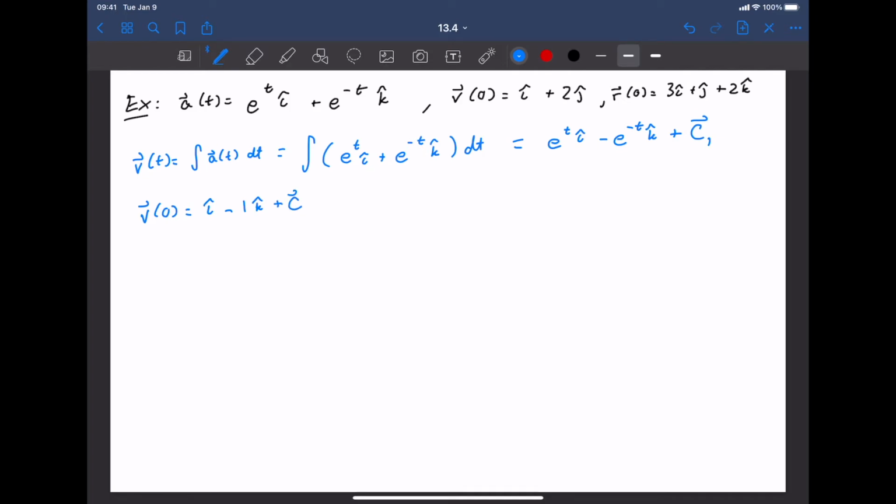I also know that v of 0 is also supposed to be i plus 2j. Which means that c1 is really 2j hat plus k hat.